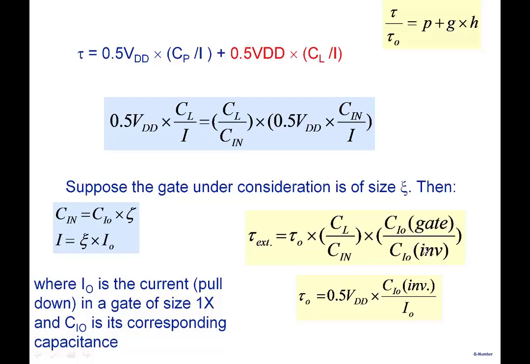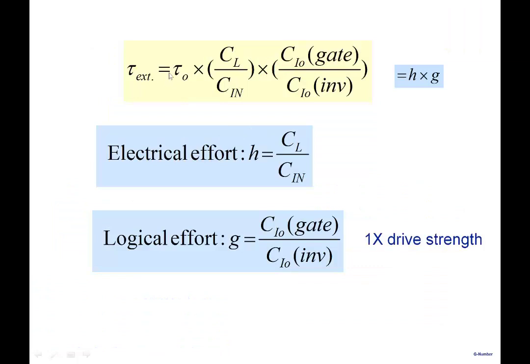This is a constant, because we are talking about a 1x gate and a 1x inverter, and the ratio of the two capacitances. So for a gate, it's a constant. H will depend on what load I attach, CL by Cin.